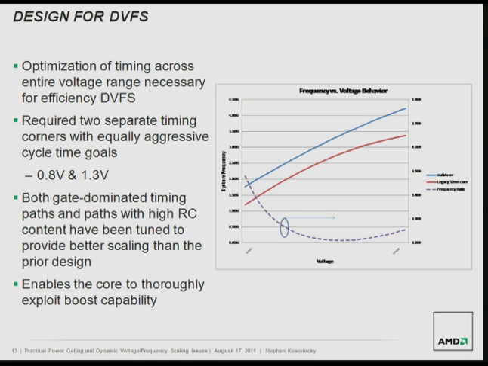So we've really made a lot of effort by those two voltage corners for tuning the frequency. And by doing this, we're able to work on both gate-dominated paths and paths with high RC content, to provide that scaling across the voltage range.